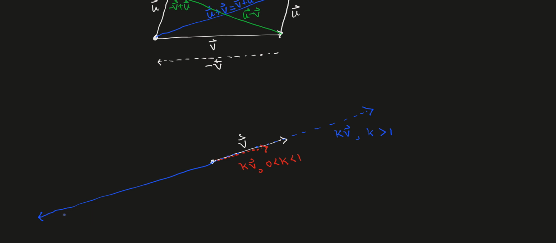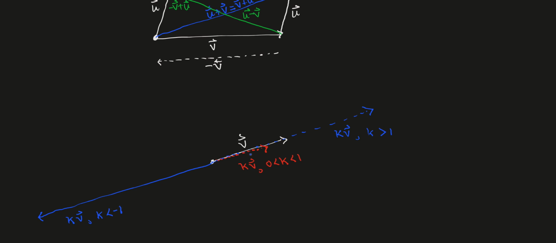Now definitely this vector is in the opposite direction of my original vector v, and it's definitely longer. So this would still be a scalar multiple of v, but now the scalar would have to be negative to change the direction, and then less than -1 in order to lengthen it. So your k in this case would have to be less than -1.